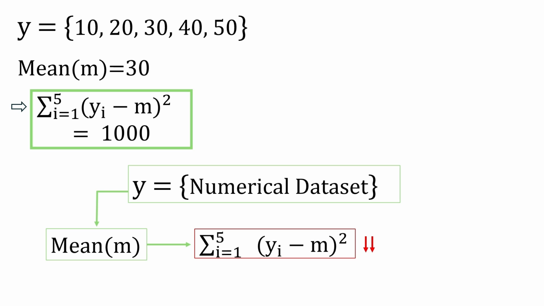What do I mean by this? Instead of the mean, take any value and find the deviations of each data point from it, then the squared deviations from the same value, and then the sum of squared deviations. The final value you get will always be greater than the sum of squared deviations from the mean. Let's understand this.